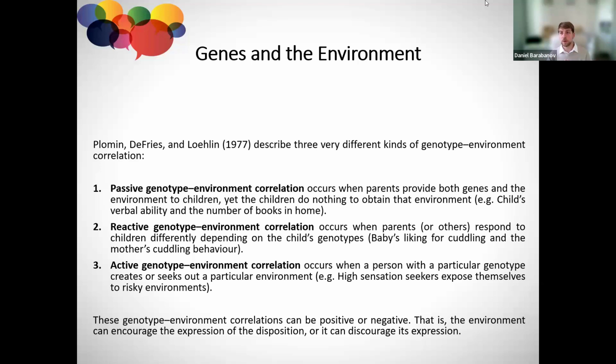So for all people, some of our personality traits were encouraged to be expressed by our parents, school teachers, friends and society. But some of our personality traits might be discouraged from being expressed in our social group or our culture, for example. So it's important in which environment you live because it might encourage or discourage those genotype environment correlations.